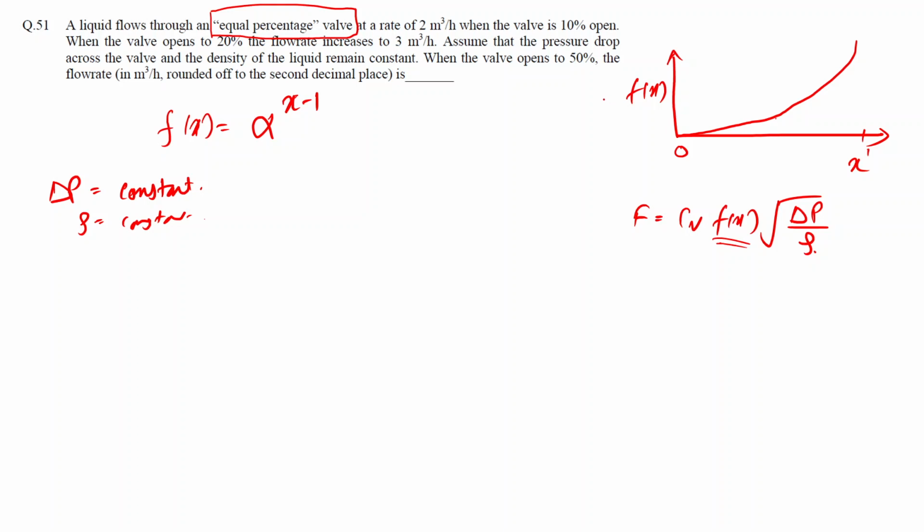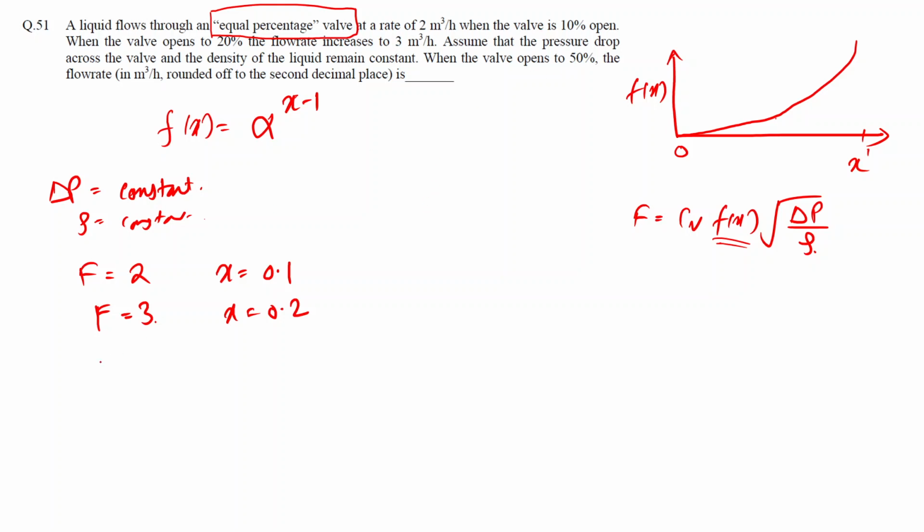And now we have been given different scenarios, that is at the flow rate of f is equal to 2 meter cube per hour, the valve is 10% open, that is x equal to 0.1. If the valve opens to 20%, that is x equal to 0.2, then the flow rate becomes 3.